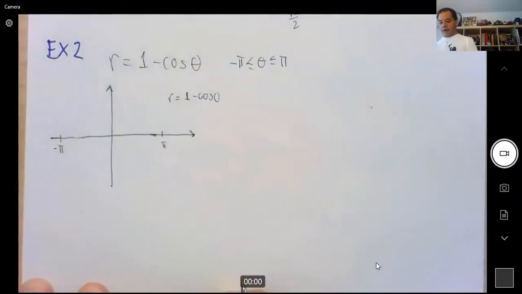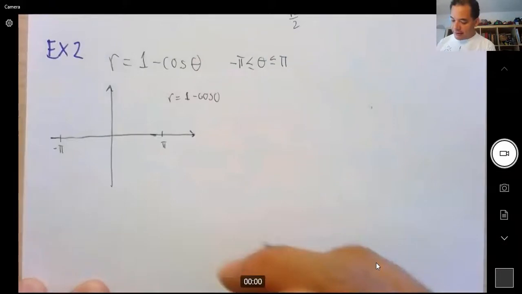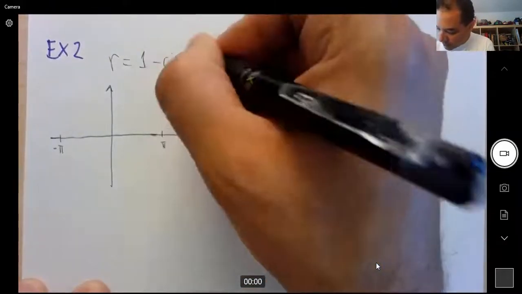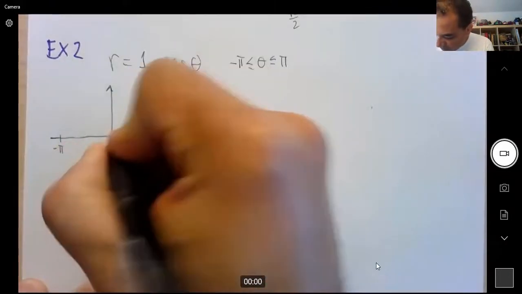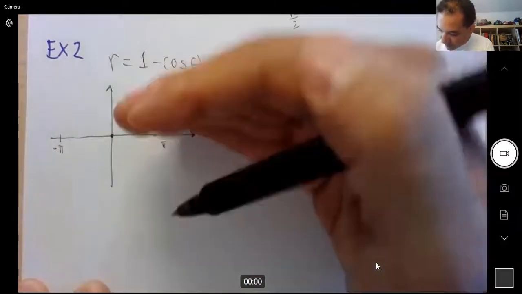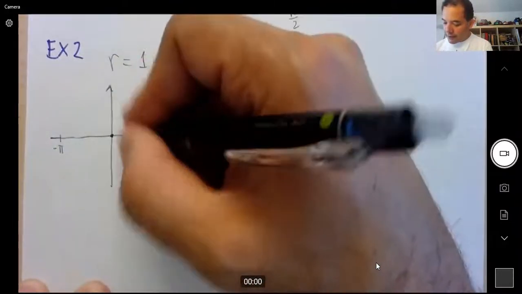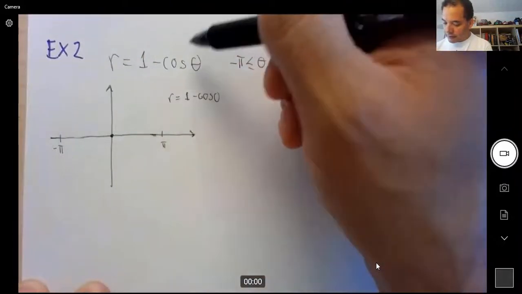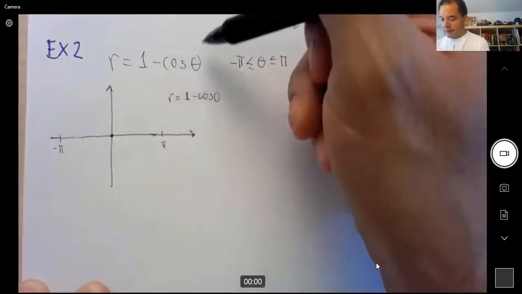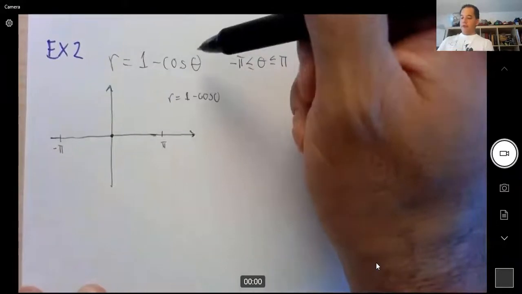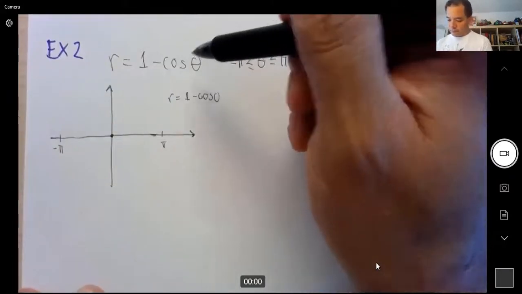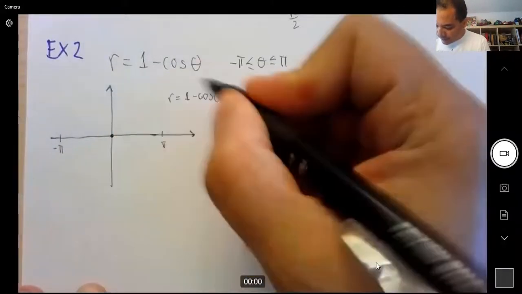Okay, so how does that one look? Well, cosine of 0 is 1, so this is 1 minus 1, so it starts right here, and it's like the graph of negative cosine, but moved 1 unit up, right? See, am I doing this right? So let's see. Cosine of 0 is 1. So it starts right here.